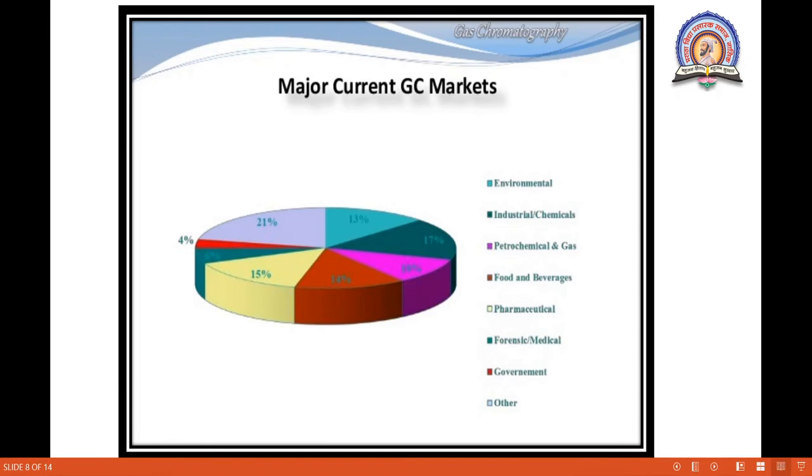Then this is the current major gas chromatographic market. In this figure, the percentages are given.